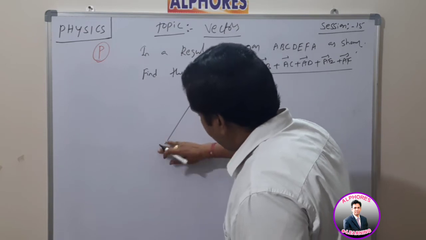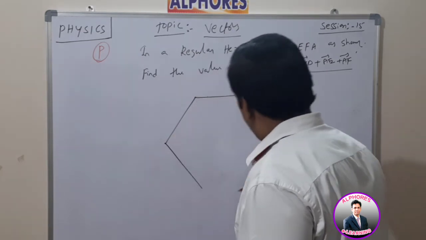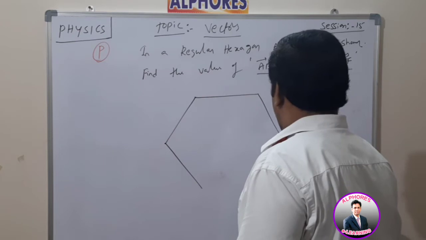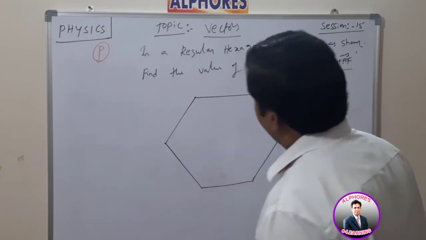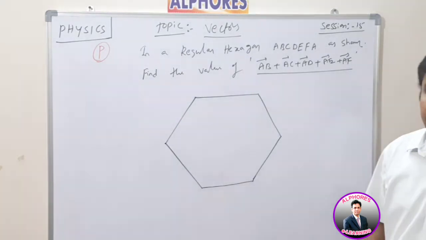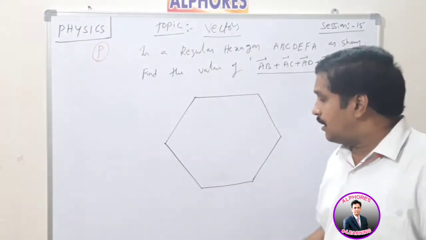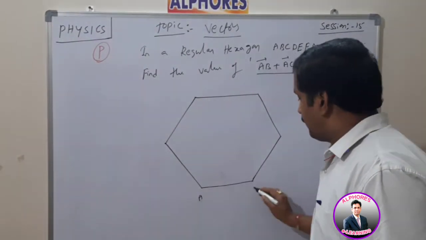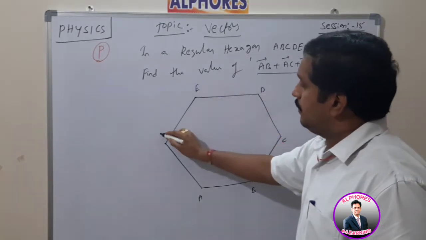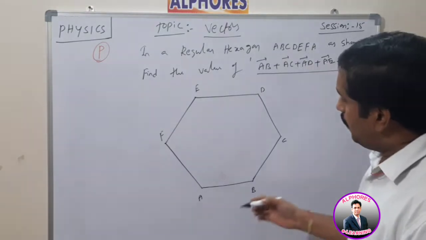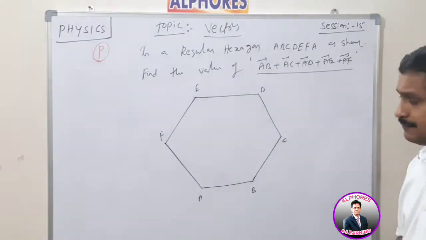Listen carefully. This is the regular hexagon. Try to understand. A regular hexagon means it has 6 sides with equal length. Let us say this is A, B, C, D, E, F. Listen carefully.